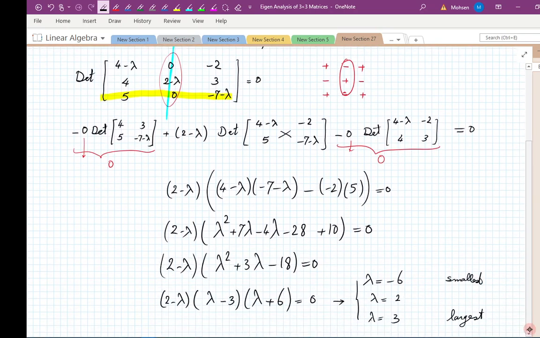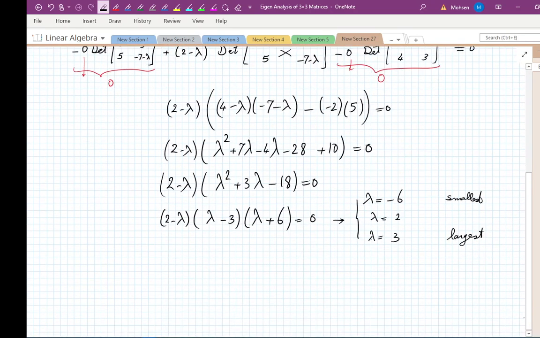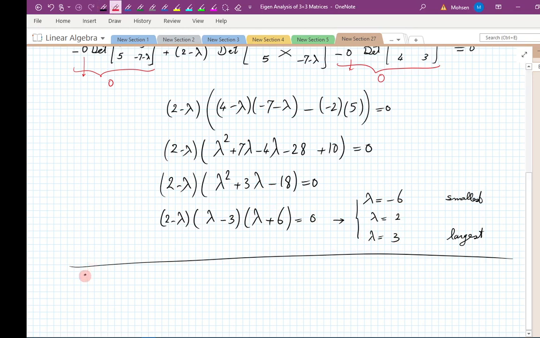These are the 3 eigenvalues. Next step, we are going to check to see that these are actually true, but if you want to check it, you can put it back in your equation. Step 2, a bit more involved than step 1, is finding eigenvectors.